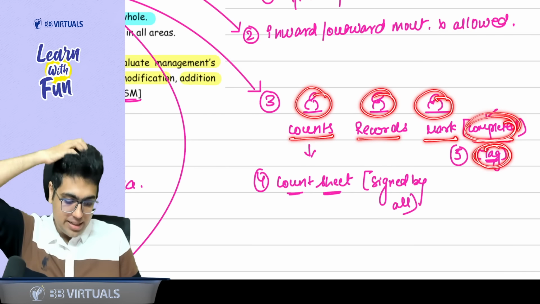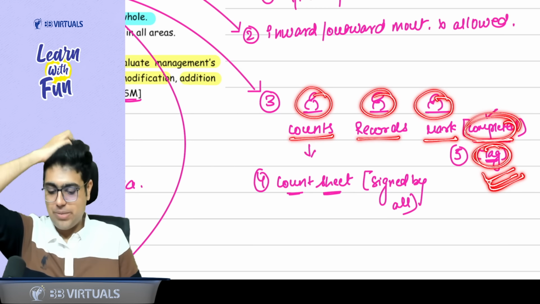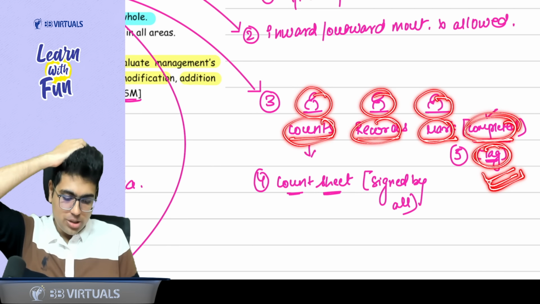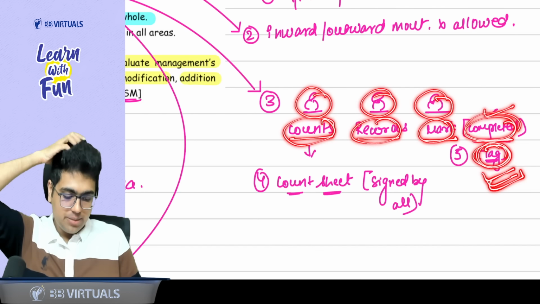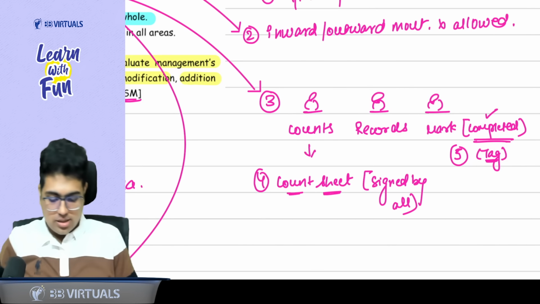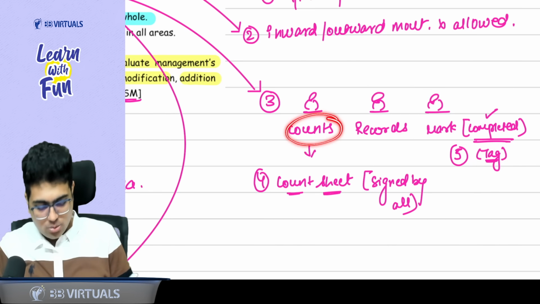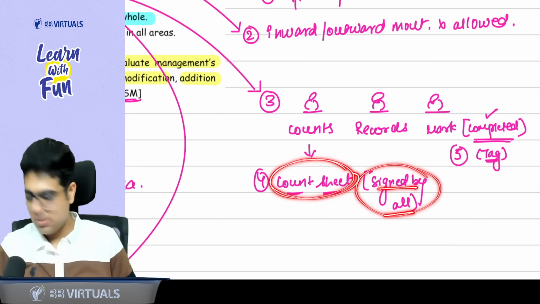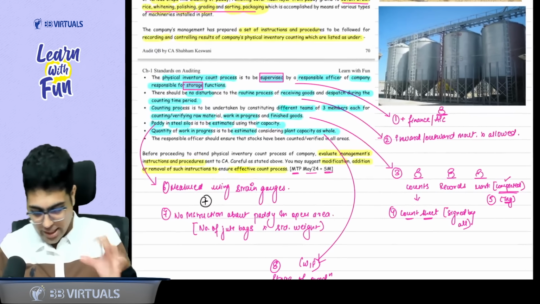You can put a tag that here the inventory count is completed. Got it, sir. Then similarly, the one who is counting should prepare a proper count sheet which should be signed by all the people. So these are the 4 points you can add here.